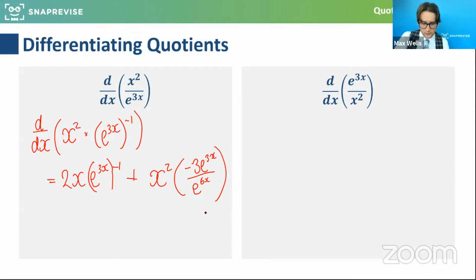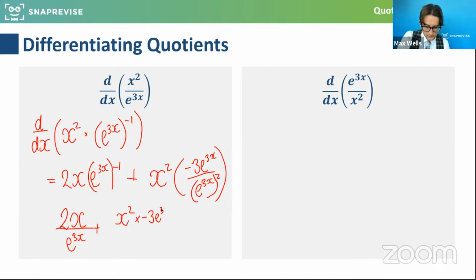And so that becomes a little bit nasty to write, because what we end up with, and if I leave that as e to the 3x all squared, I can write it as a single fraction. So what you could do is you could go, okay, so this is the same as 2x over e to the 3x plus x squared times minus 3e to the 3x over e to the 3x squared.